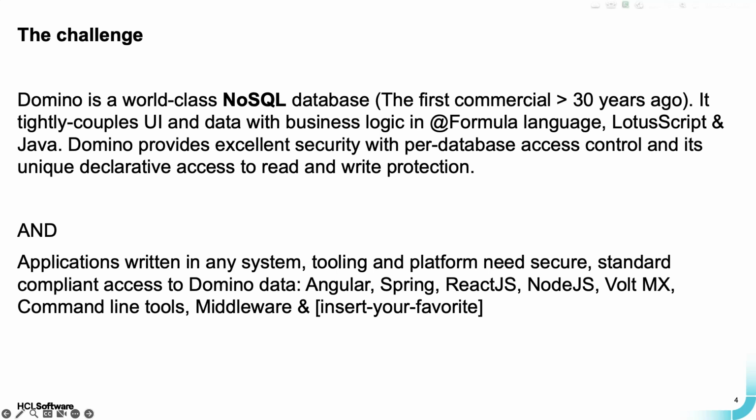It also means that the database where the data is stored is accessed directly. It's part of the runtime for the server and for the Notes client. And therefore, there's much closer coupling between the business logic, the data, and all those various aspects.